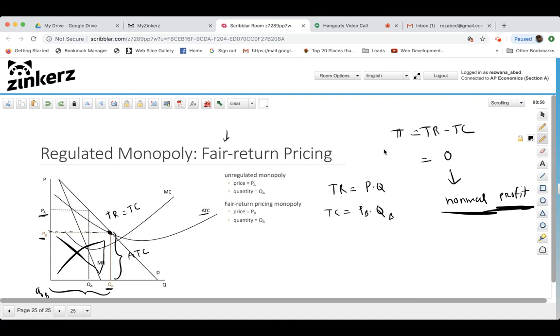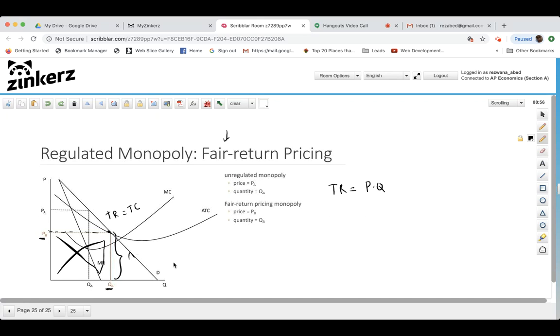There's no loss. So they're not making a loss, right? Because here, if I put this together, let me take off some things. It's kind of hard to see from here. If I put them together, maybe you would be able to understand better.